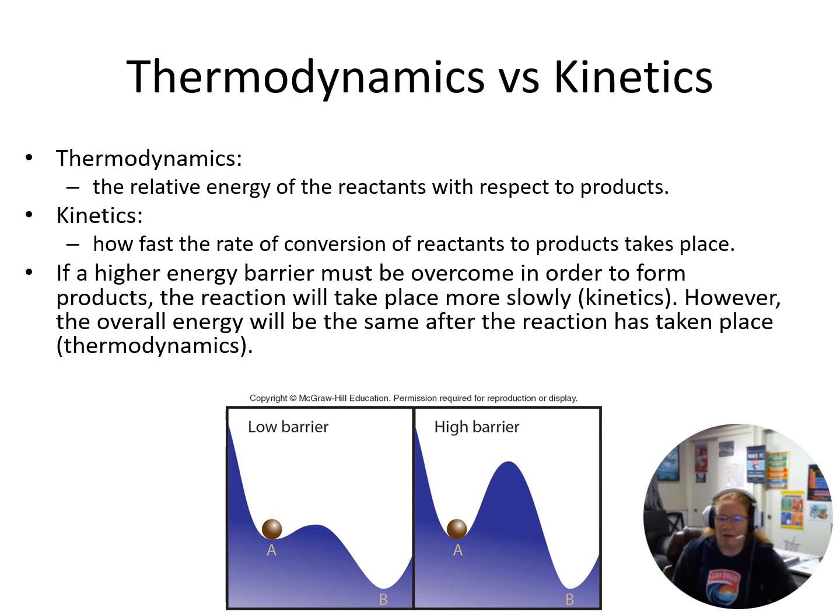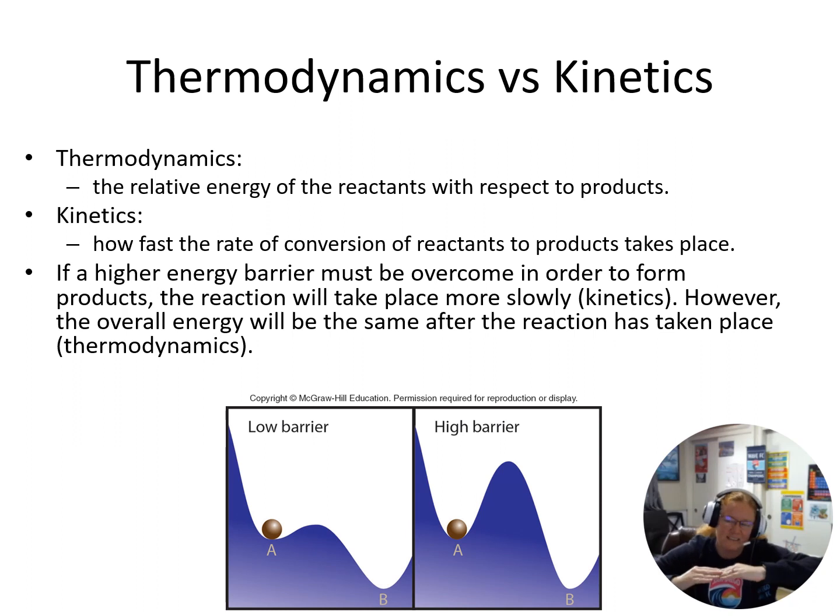The overall energy can still be the same, but if I have a higher activation energy, it's much harder to get the reaction to go. If I need this much energy versus this much energy, up here not as many of my reactant particles are going to hit that minimum energy threshold as down here.